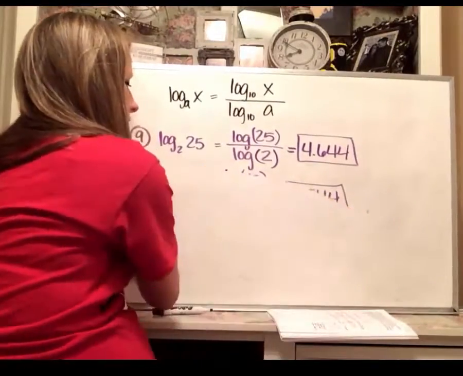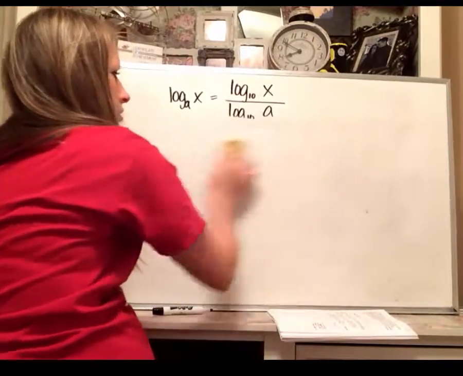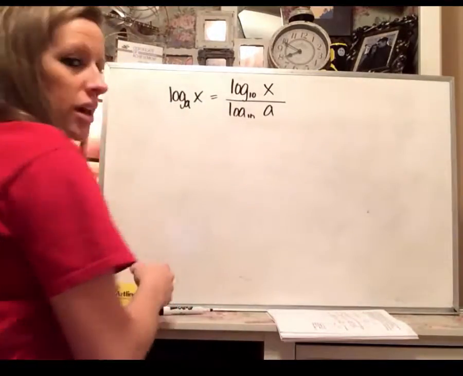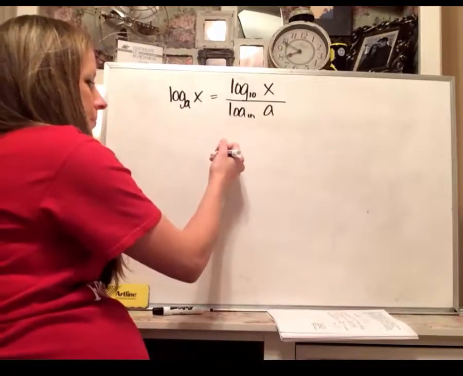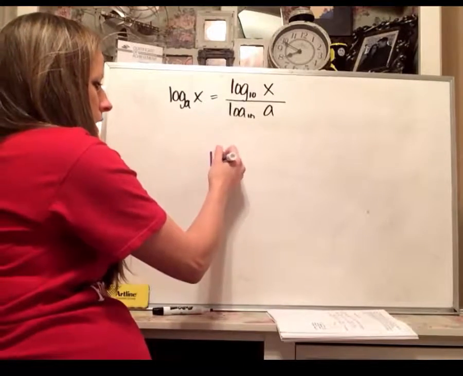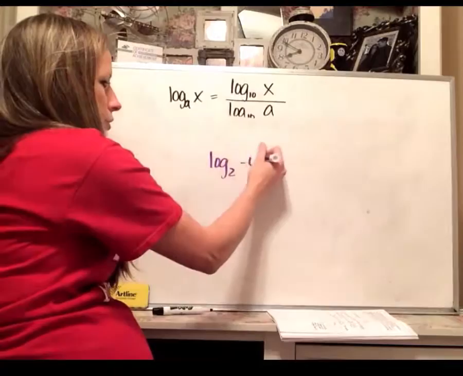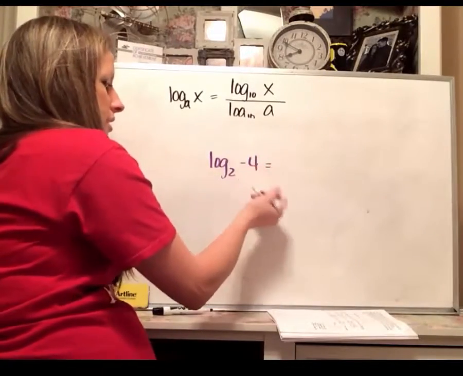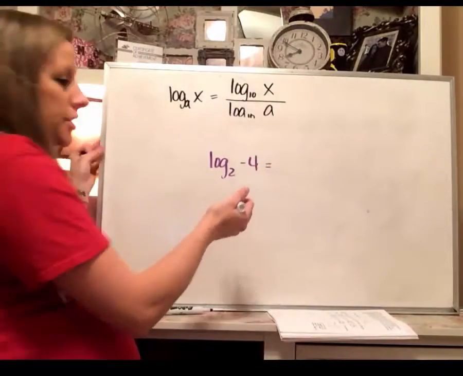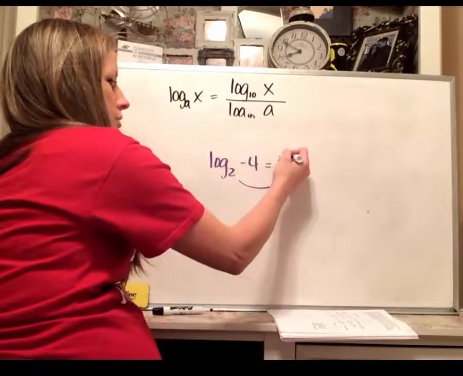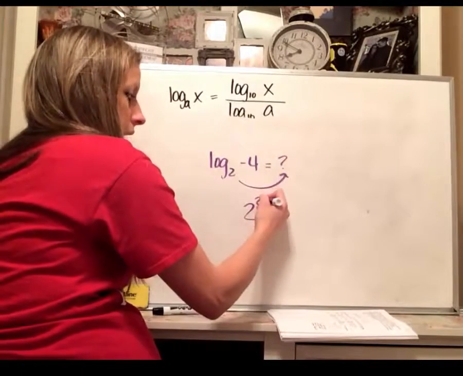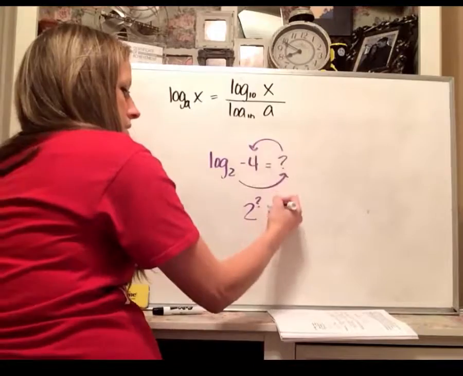Let's change it to exponential. To me, that's a little bit easier to understand than logs. So, we have log base 2 of negative 4. If we want to change this to exponential form like we did yesterday, it would be 2 to the I don't know what x equals negative 4.